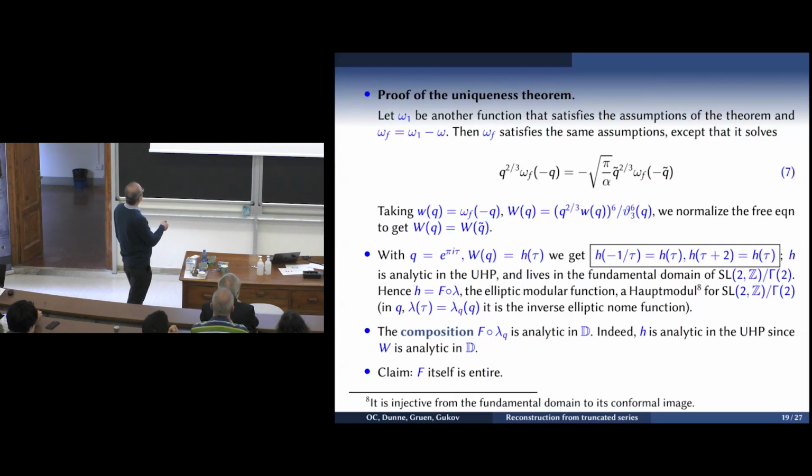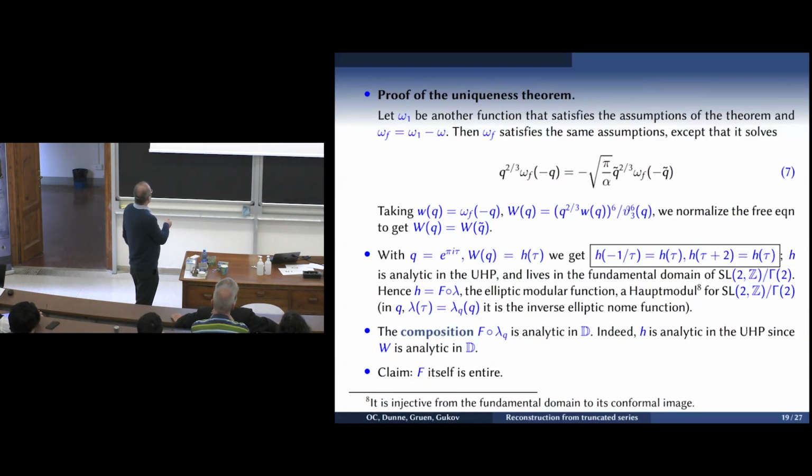So thereby, the function W of q has to be a function of the Hauptmodul. I'm speaking in a very imprecise way, but the level lines of the Hauptmodul cover all the possible level lines of any function living in that fundamental domain.